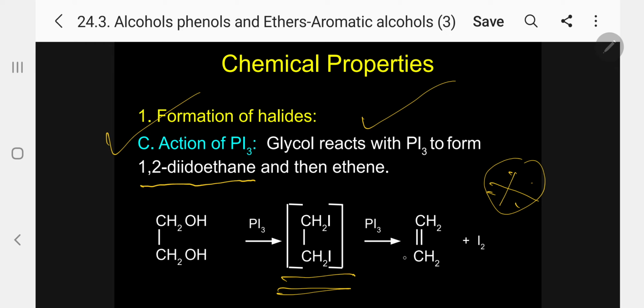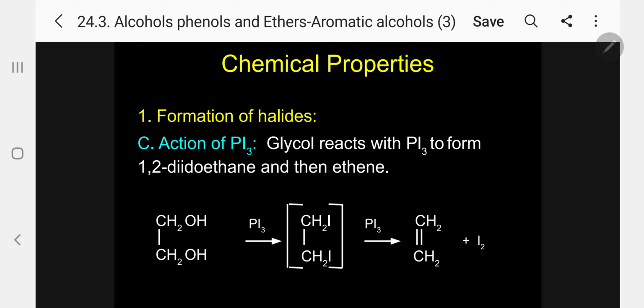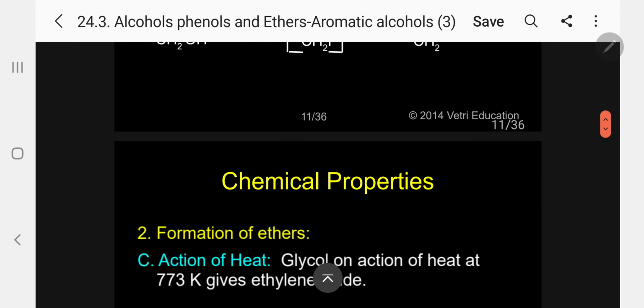It eliminates iodine to form ethylene. So you can use this as a method of preparation of alkene. Kindly follow. So this is the interesting information you must have. What happens when ethylene glycol is treated with phosphorus iodide? Immediately all students will write 1,2 diiodoethane. No, it is ethylene. Please memorize.